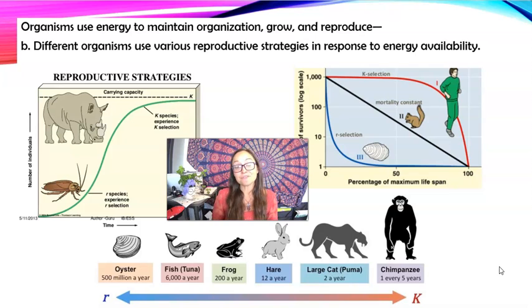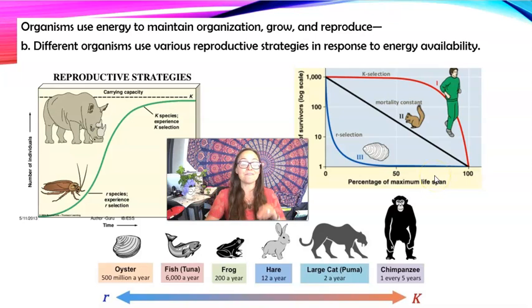Their strategy for reproduction is to put a lot of their energy towards making tons of offspring. R-selected species make tons of offspring with the hopes that a few will survive. And that's where you see in the top right graph, this blue line, how you read this R-selected species as a type 3 survivorship curve.